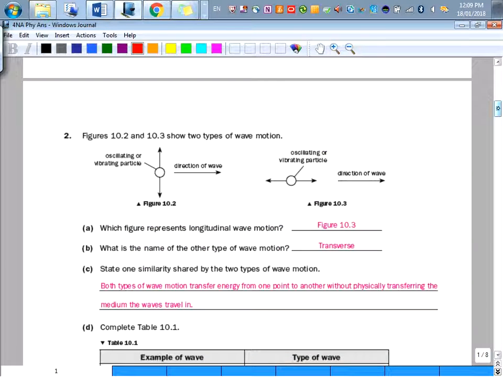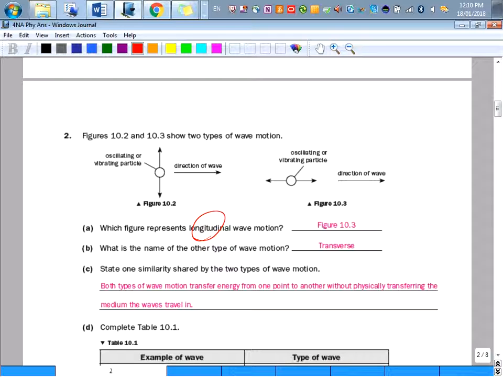Okay, now, which of the following figures represents a longitudinal wave motion? So this is the other type of wave. Most of the waves that we know of are all transverse. In our syllabus, we are only concerned with one type of longitudinal wave. What is that? Sound wave.